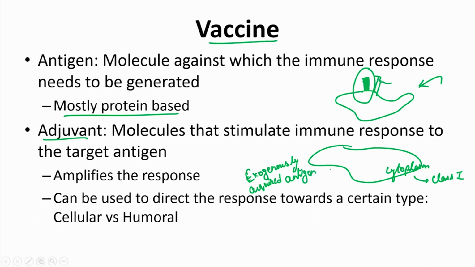So, depending on the type of co-stimulation you are giving, these are different in different scenarios. If it is, let us say, bacterial derived which is extracellular, you typically get a response which is more humoral or more antibody mediated. Or if you give a virus which goes into the mammalian cell and will produce its protein in the cytoplasm, that is going to need more cellular responses to kill off those cells that are infected with the virus.